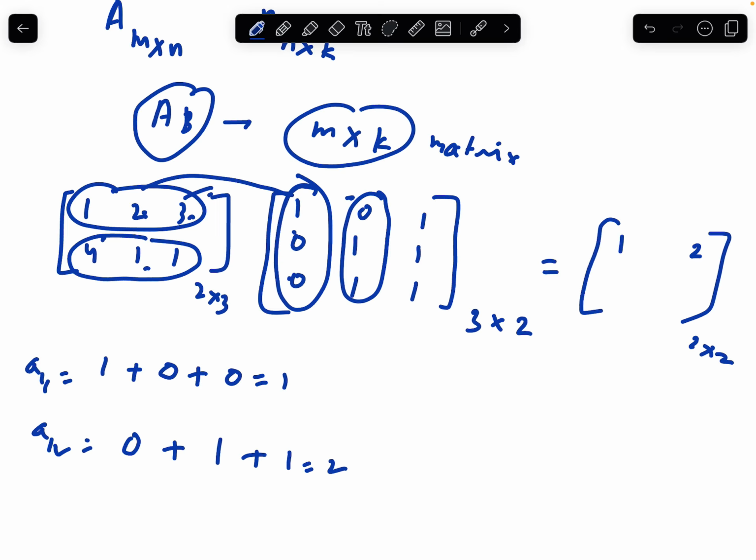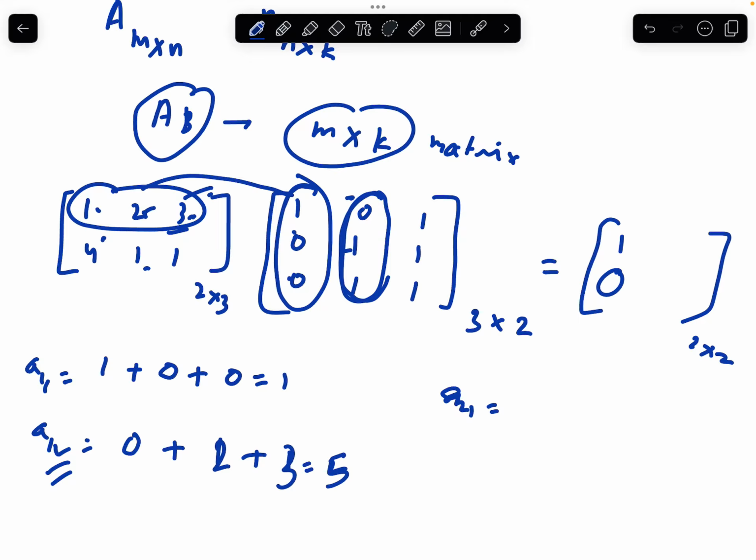And how about this entry? This is A21. So, oh, wait, we made a mistake here. So, A12, first row from here, second column from here, right? And then multiply them pointwise, you get 1 0 0, 2 1 2, 3 1 3, and you get 5.